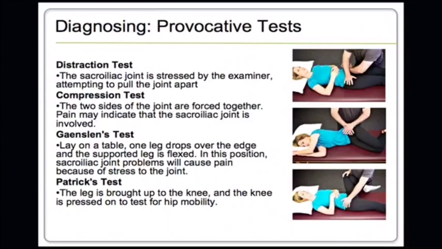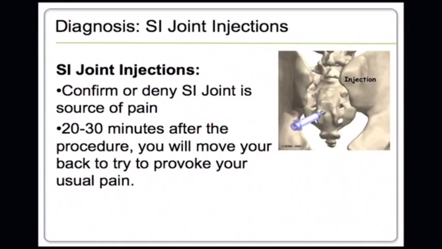The one that's most widely used is Patrick's test, which is shown on the bottom here, where we have the patient bend their knee on the side where the sacroiliitis is and put their ankle right above the other knee. And if the injection of the numbing medication relieves the pain, that further confirms the diagnosis.